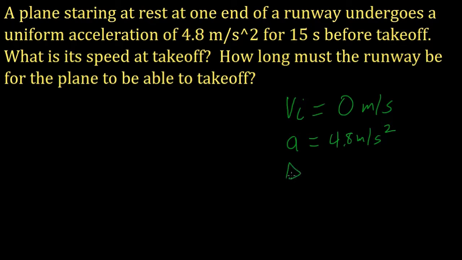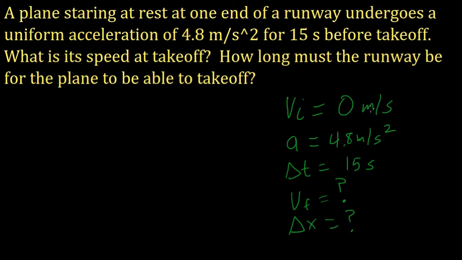And it gave us the change in time, delta t, 15 seconds. Then it asks, what's the speed at takeoff? Well, takeoff is the end of the runway, when you're done with the runway. So it's not a delta; that's just final velocity, and we want to find it. It also says, how long must the runway be? Well, that's our displacement, and we have to find it too. So we have to find both of those different variables.